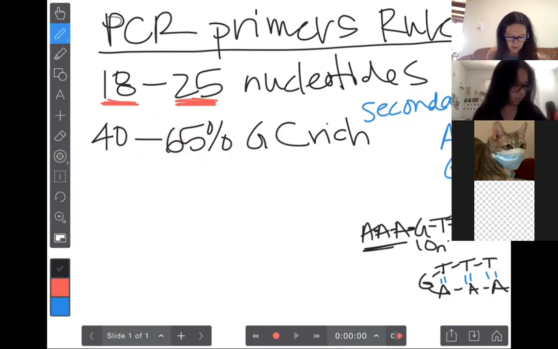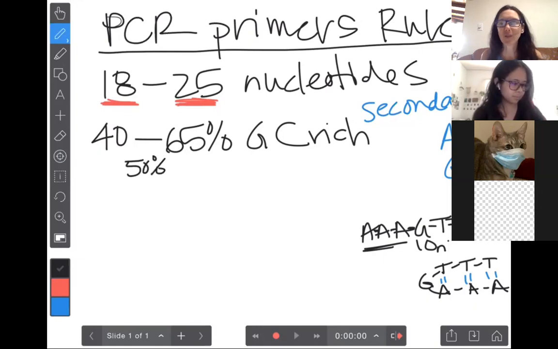Our really happy medium is like 50%. But sometimes it's really hard to hit it right on the head. Your sequence is your sequence. For us, we're going to want really close to a specific area. We're not going to have a lot of options. So we're going to try to fit these parameters, aiming for 50%-ish or more.